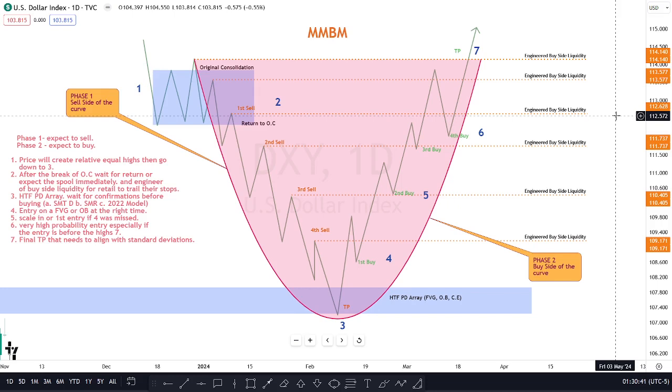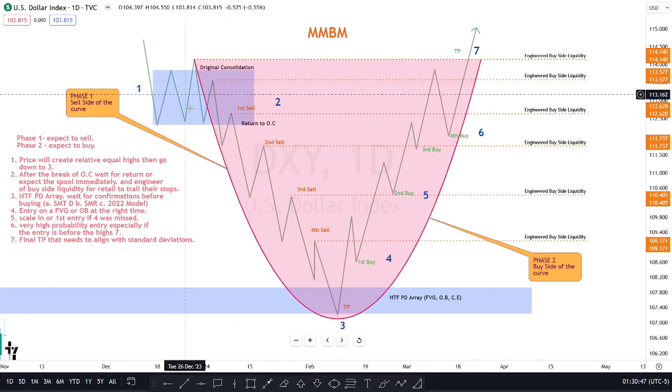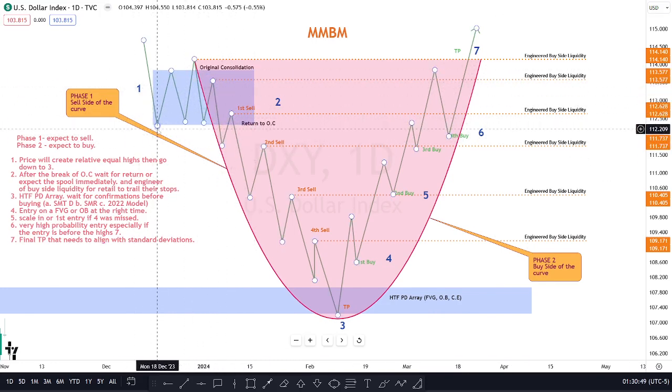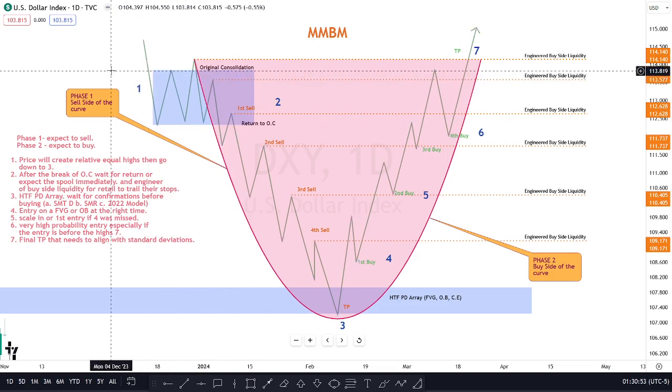I try to make this as easy as possible, but for the first part I make it a little bit complex, because you will not identify this in one go. Like ICT mentioned, it will be different for some of the students. Maybe because I took time to learn 2022 and 2023, repeated the models, took notes and applied them, this is the reason I came to this.